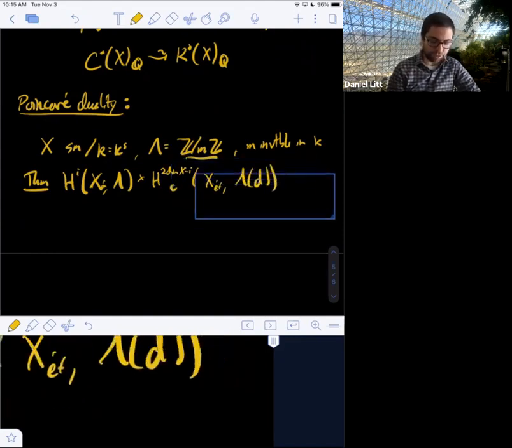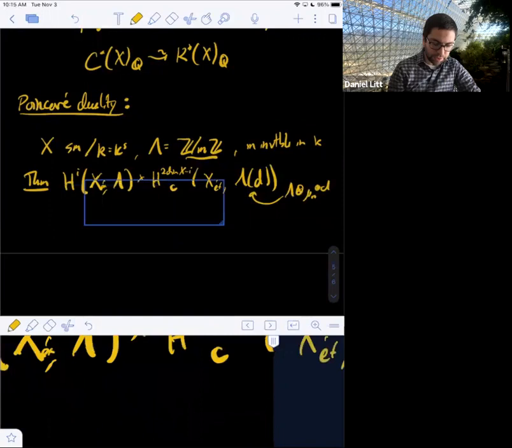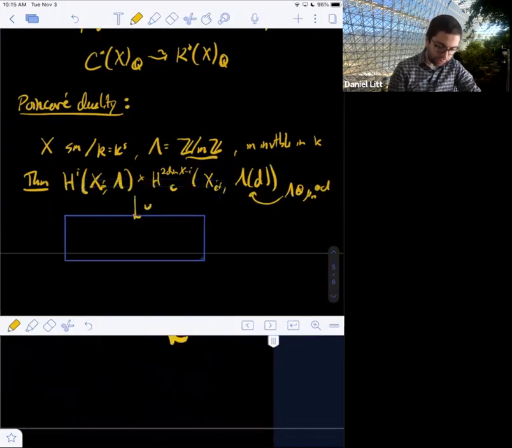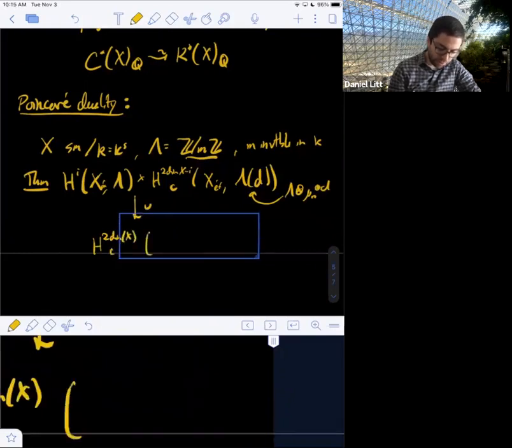So just a reminder, what is this? This is lambda tensored with mu_m to the tensor d. And then the cup product maps this to H^(2 dim X) compactly supported with coefficients in lambda of d.